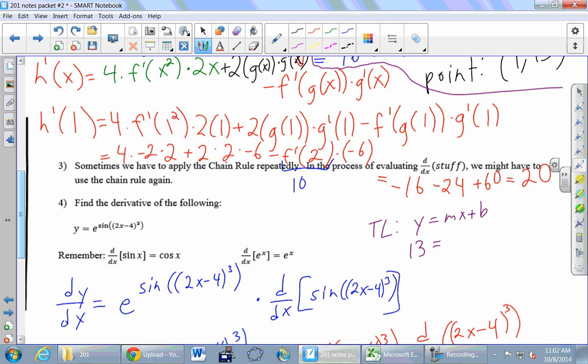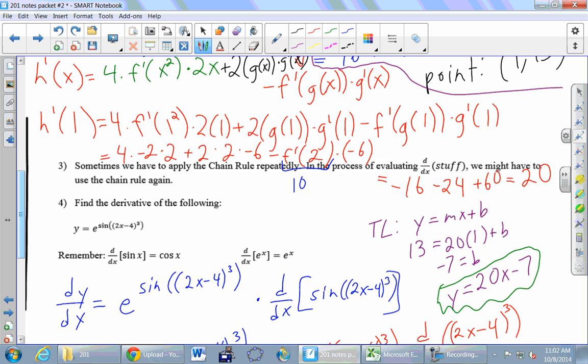Equals, the m we just found is 20. The x at the point is 1. So we now can find the y-intercept. So I get the y-intercept is -7. Anybody else get that?